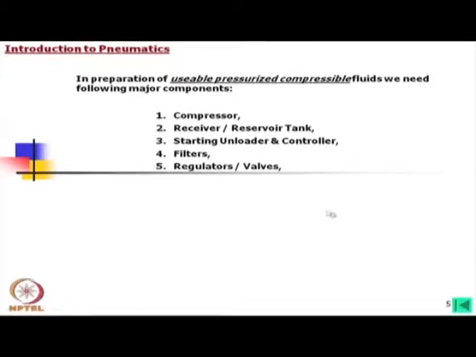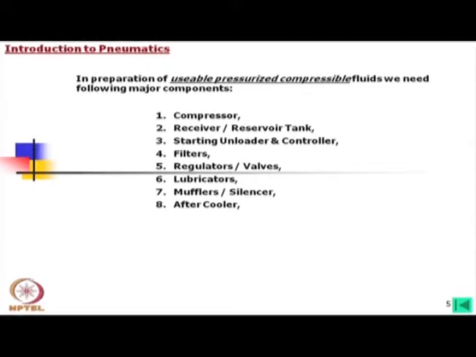Then we definitely need a regulator and valves. We need a lubricator as mentioned, and mufflers and silencers. Then an aftercooler. Aftercooler means the air, before entering the machine, needs to be cooled, because the air we exhaust into nature. So, we do not need cooling after using this air.